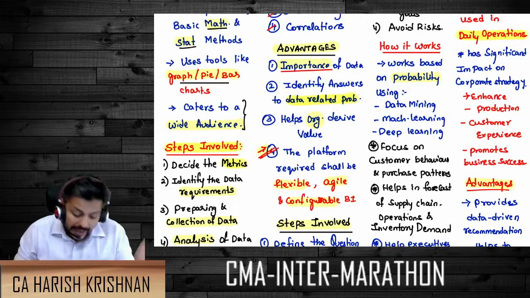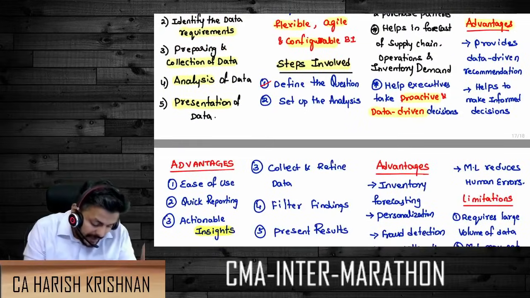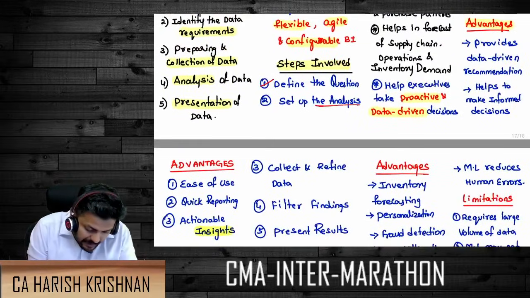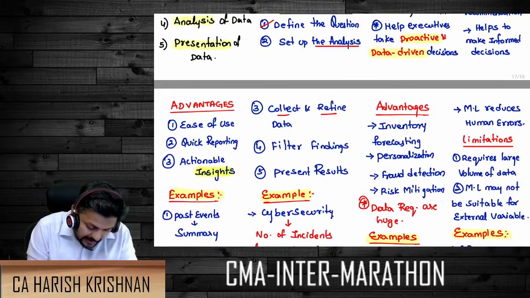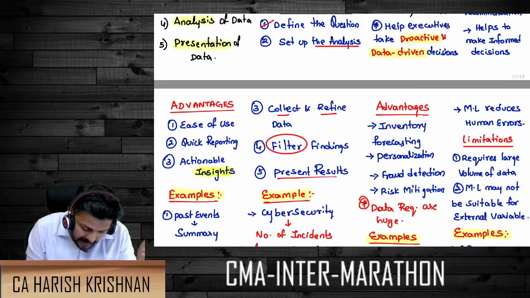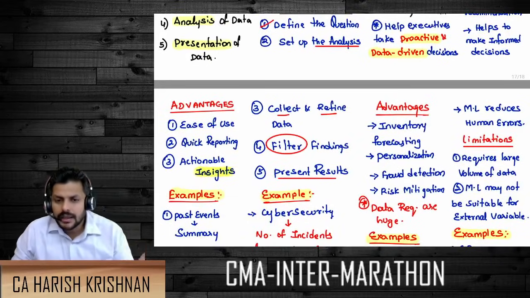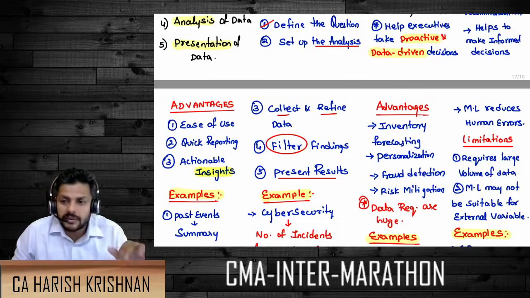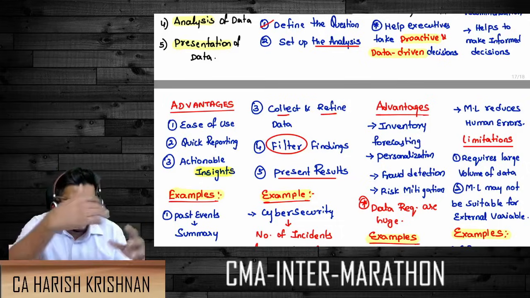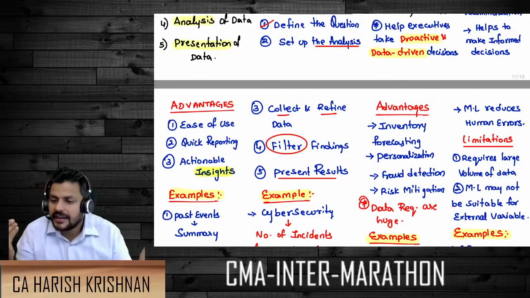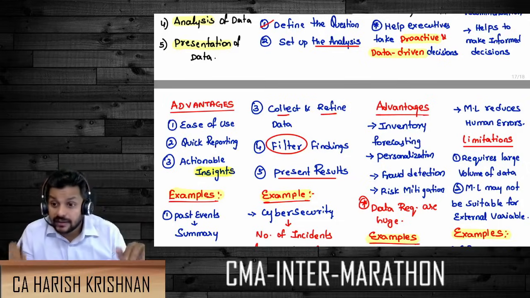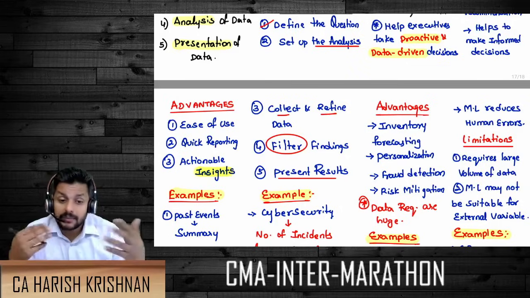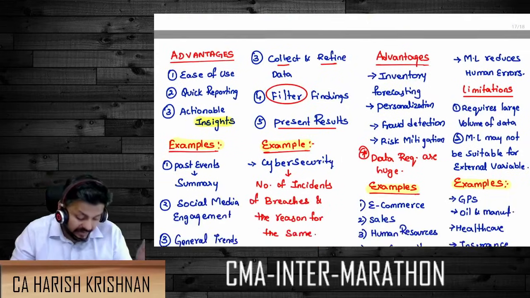How to do the diagnosis, steps involved: define what you want, the question, set up the analysis, collect all the data and refine it. Collect and cleanse, then filter what you need, the findings, and finally present the results. Like you are doing cyber security data, you collected it, and then you went through the entire data in detail, and then you found out how many wrong sign in attempts happened, the number of incidents or breaches.